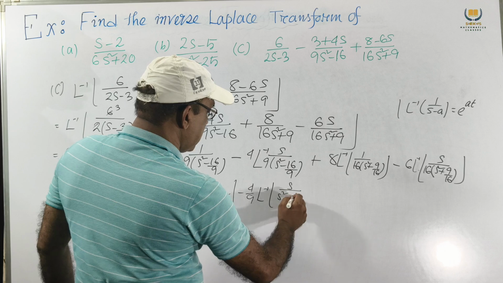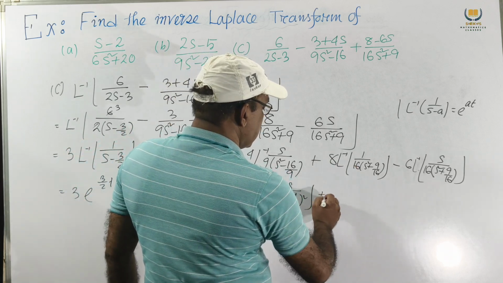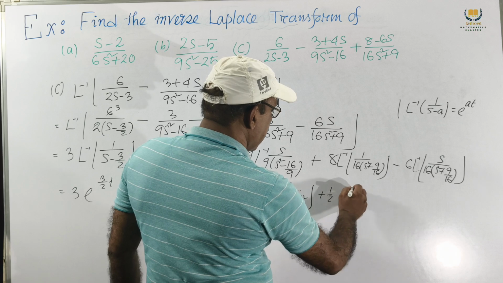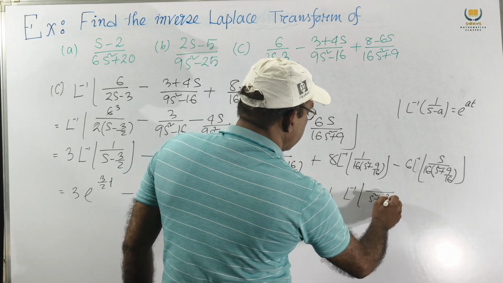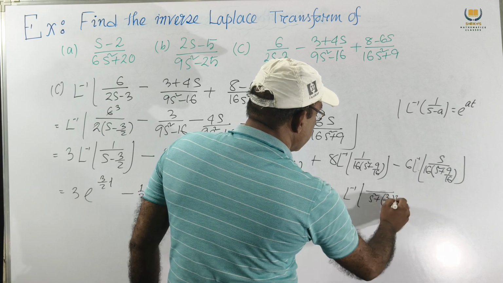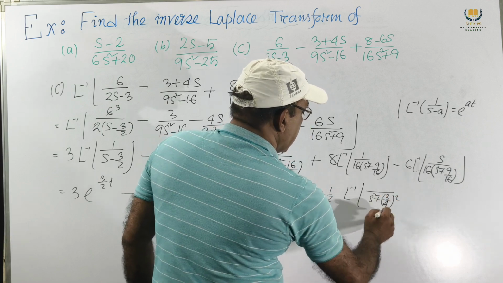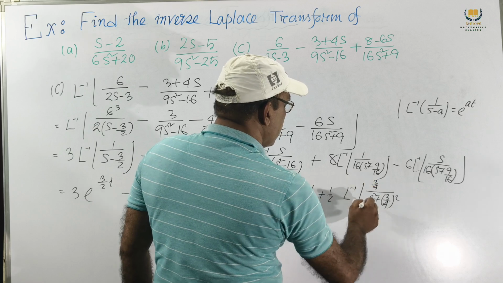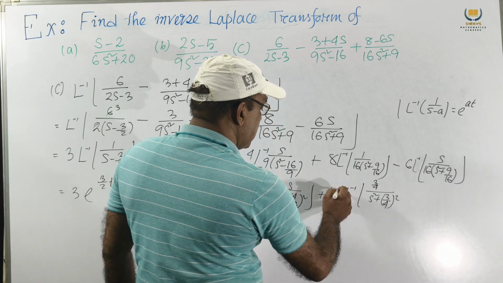3 whole square. And this 8 and 16 cancel, 1 by 2, L inverse, this is s square plus 3 by 4 whole square, 3 by 4 whole square, and here we write 3 by 4, and this is 4 by 3.